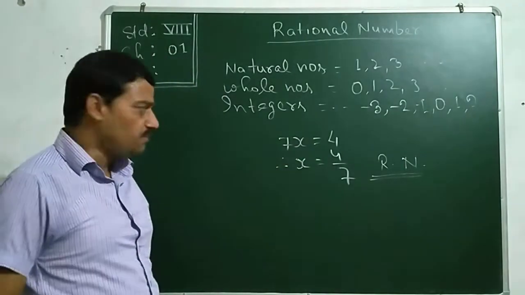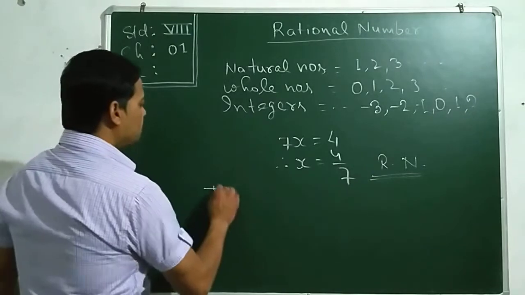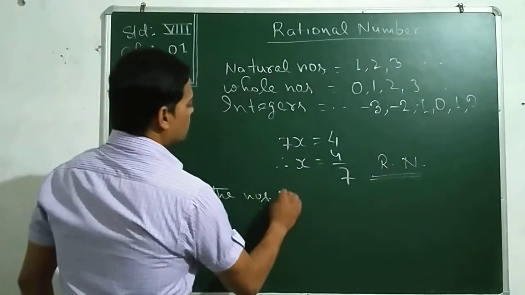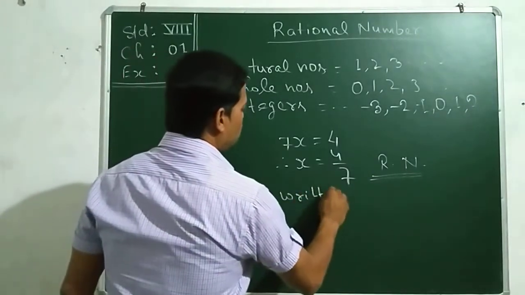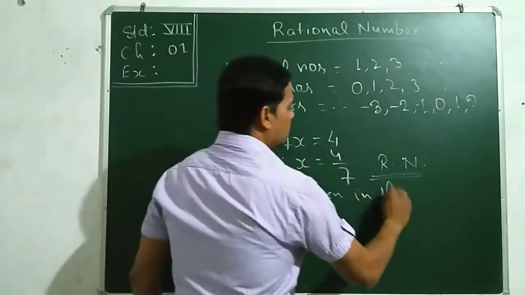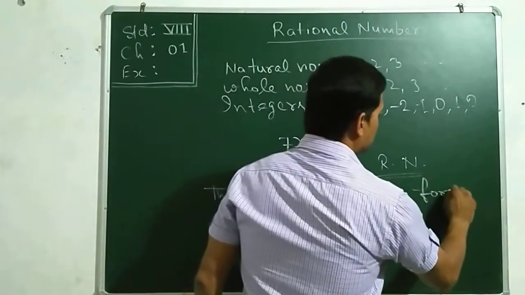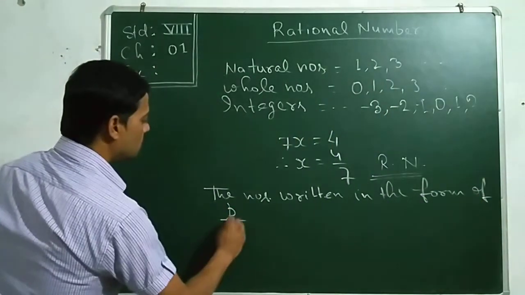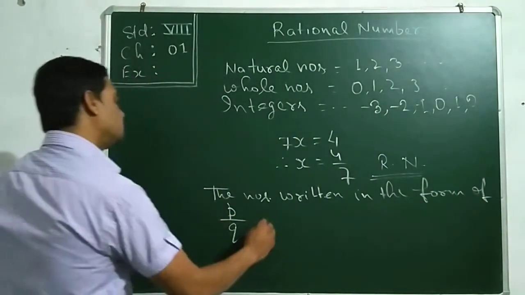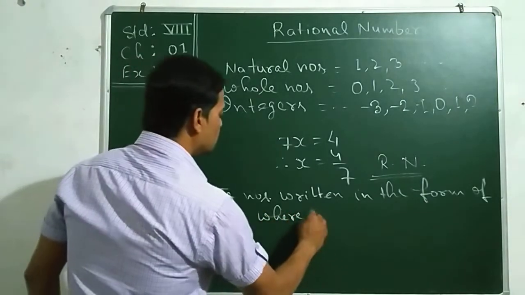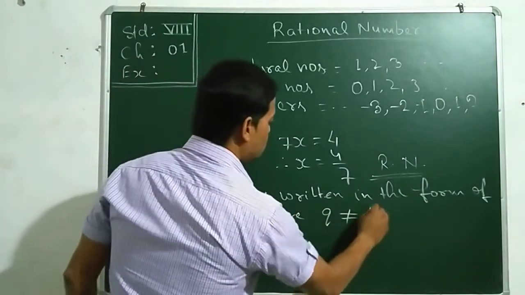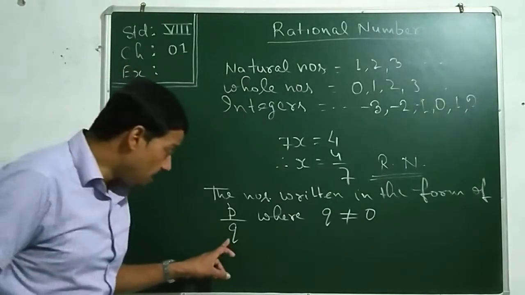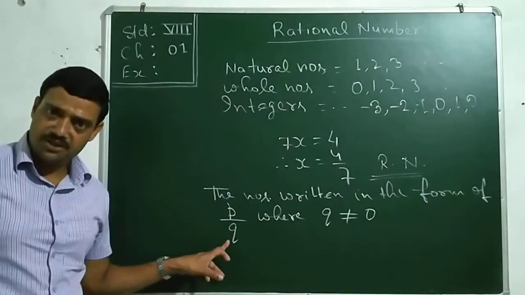What would be the definition of a rational number? The numbers written in the form of P by Q, where Q is not equal to 0. See, division by 0 gives an infinite result.